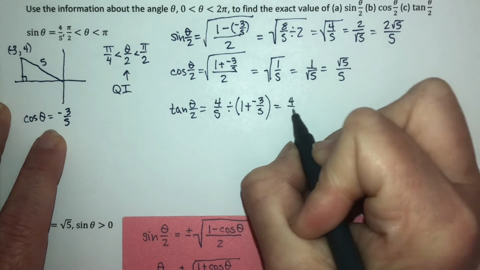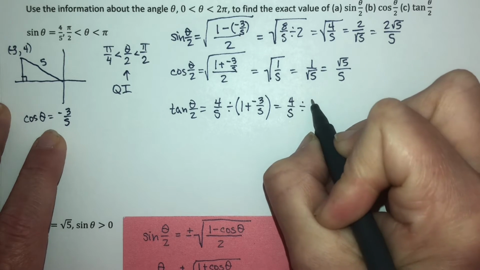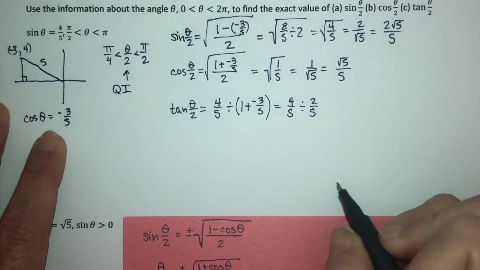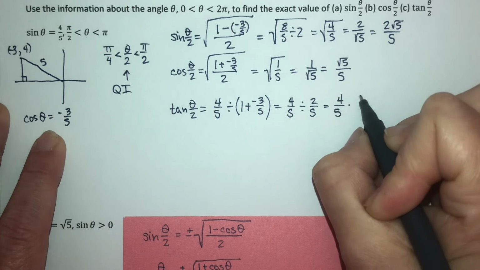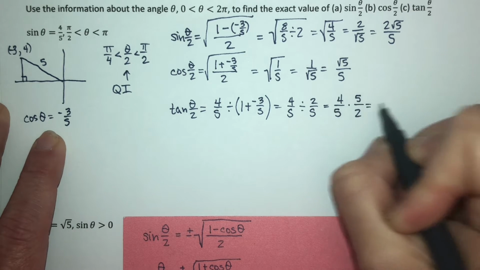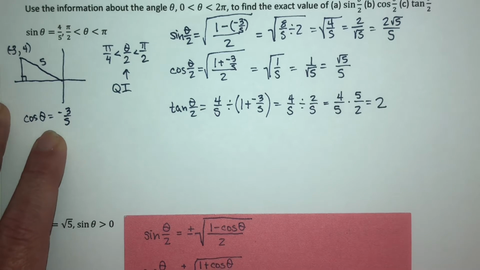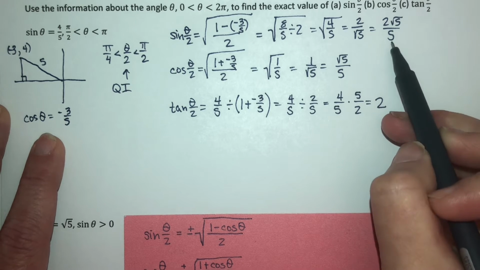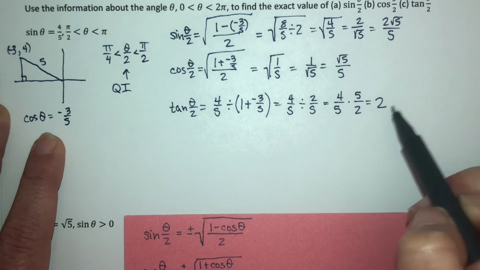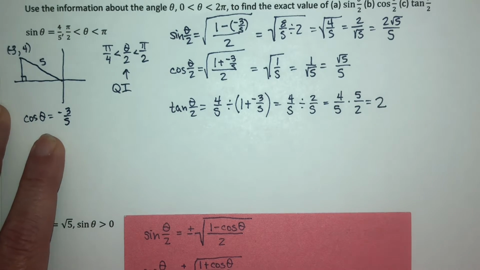So I have 4/5 divided by 2/5. So 4/5 times 5 over 2 gives me 2. And if I divide 2 square roots of 5 over 5 by square root of 5 over 5, I also get 2. You're going to get 2 no matter what there.